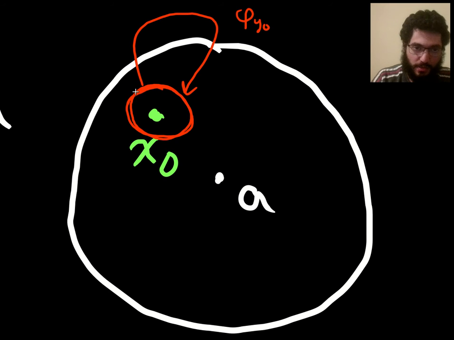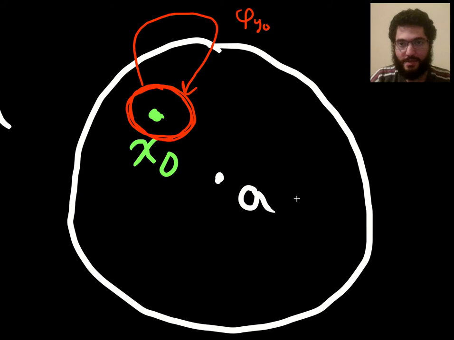And we're going to make it a closed ball, meaning we'll include the boundary, so that it's a compact set, which makes it a complete metric space. And we're going to arrange it so that phi sub y naught maps this ball into itself. Then we can apply the contraction mapping theorem, which will help us here.